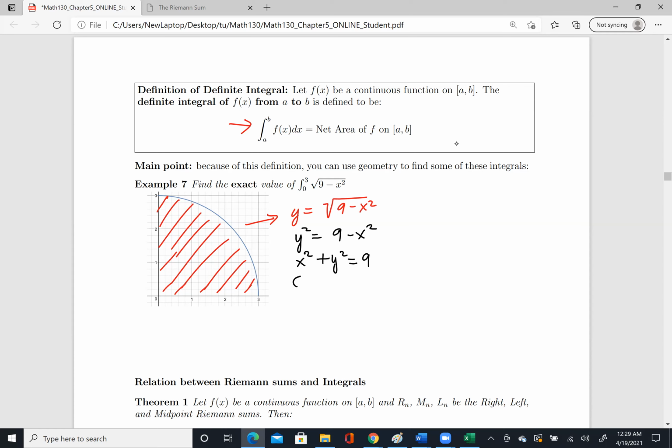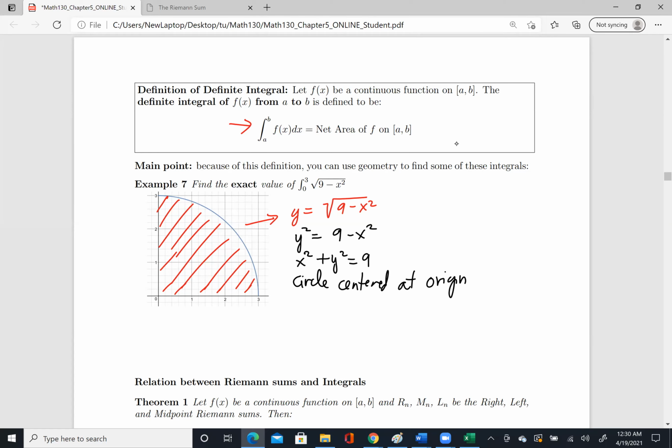And the circle is centered at the origin. You should remember the formula of a circle equation, right?